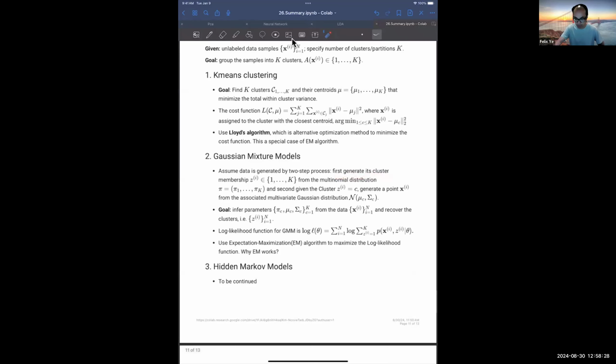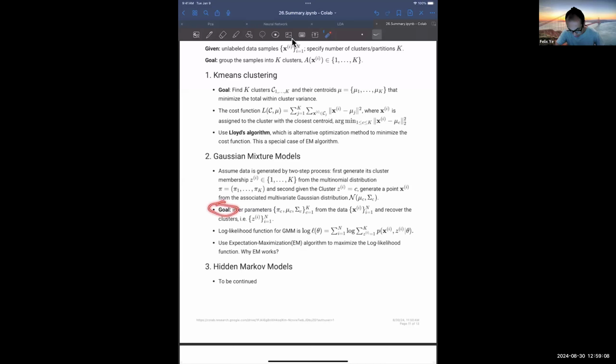The first step is to generate the cluster membership, that is, Z_i belongs to 1 to K, drawn from some multinomial distribution pi 1 to pi K. Second, given that Z_i equals cluster C, we generate x_i from a multivariate Gaussian distribution with mean mu_C and covariance sigma_C. So this is the Gaussian distribution part.